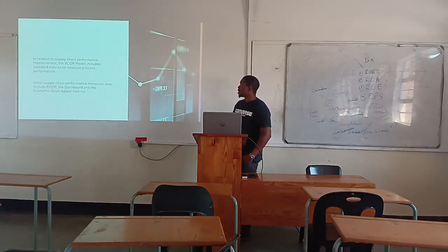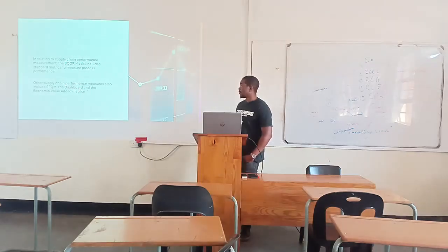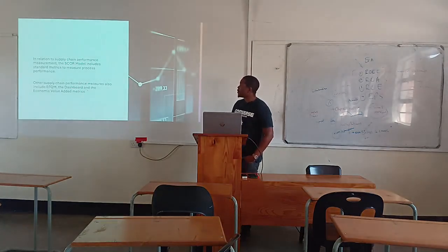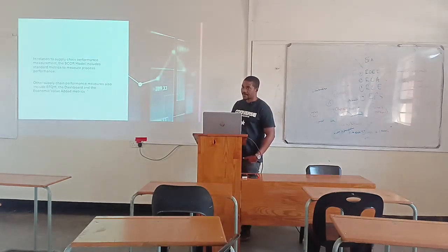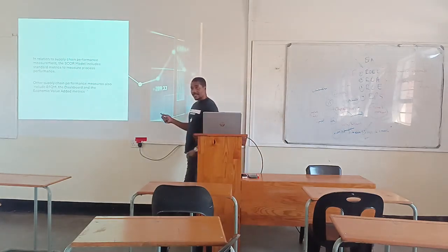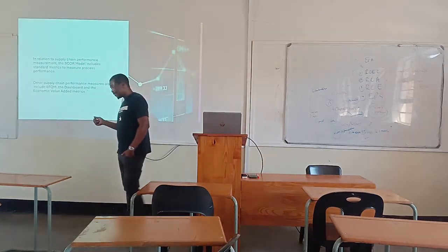In relation to supply chain performance measurement, the SCORE model includes standard metrics to measure process performance. Other supply chain performance measures also include, remember this? Yeah? They include the EFQM, the dashboard, and the economic value added metrics. Yeah? Do we remember these metrics?